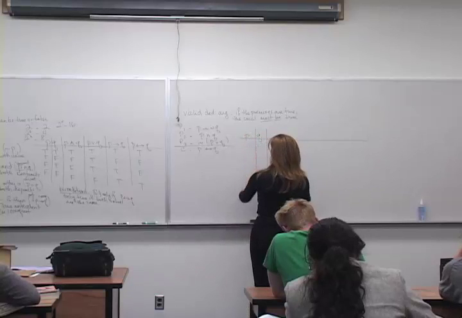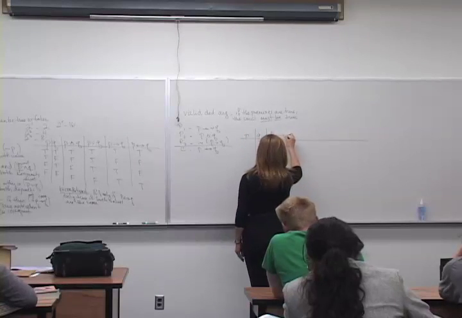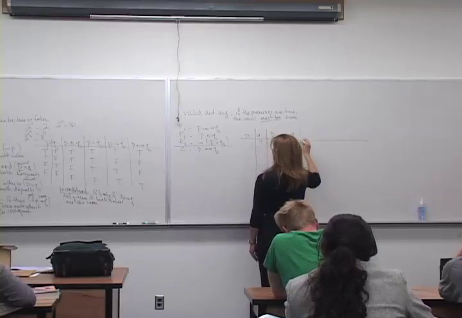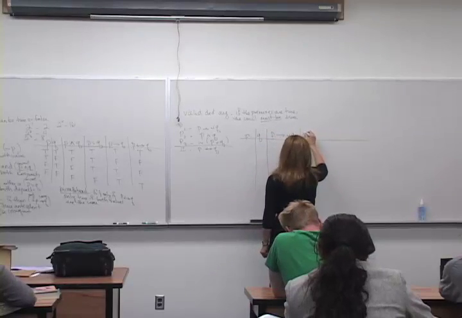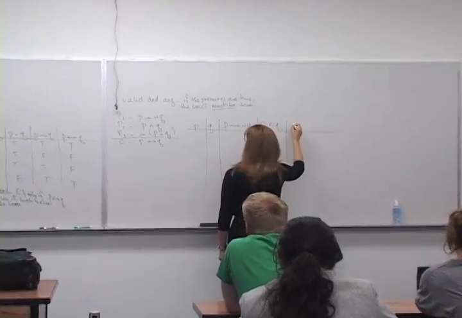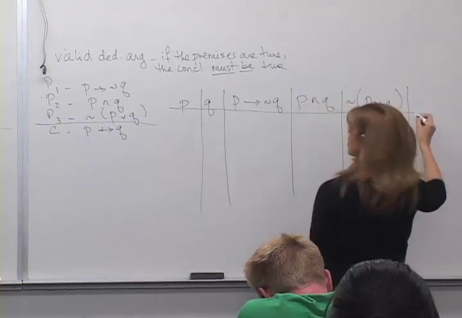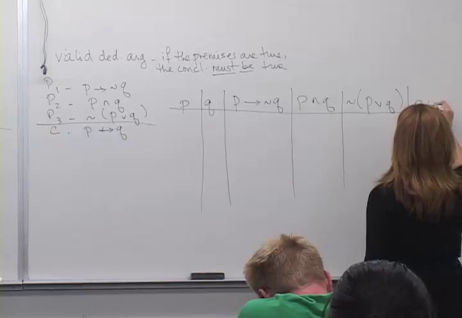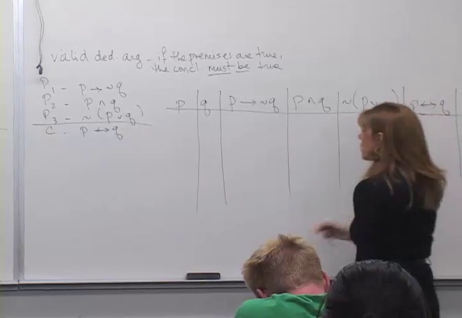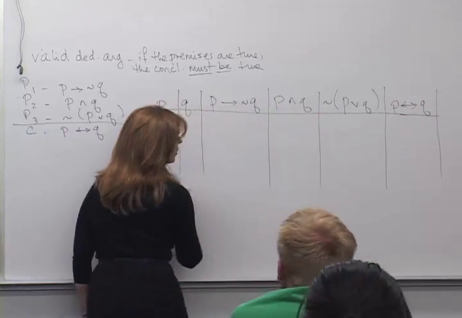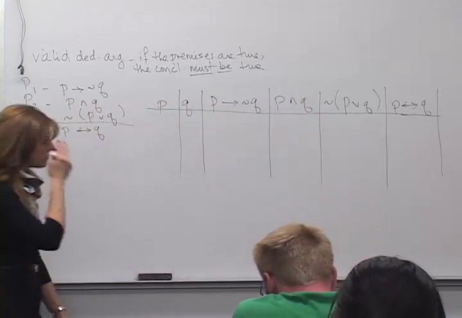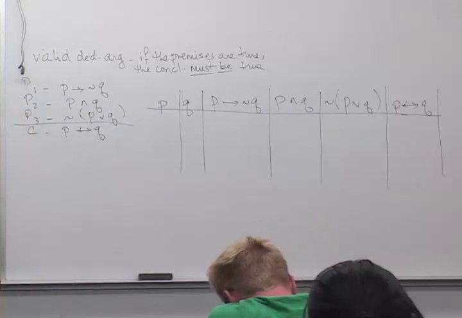So we have P and Q. We just list the different premises in a line, just like we did with the regular proposition. And this one, not P or Q, and the conclusion, P if and only if Q. And then we're going to fill out the table.